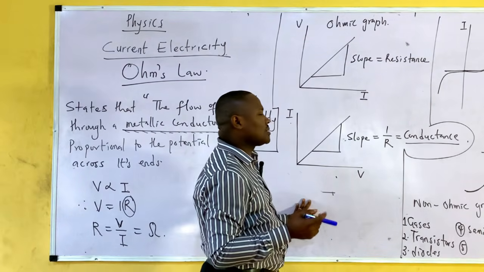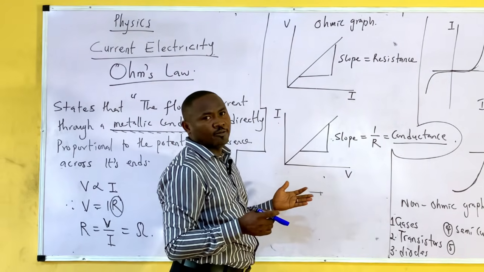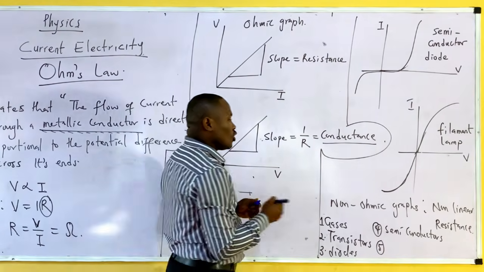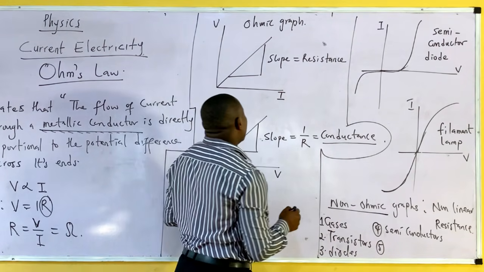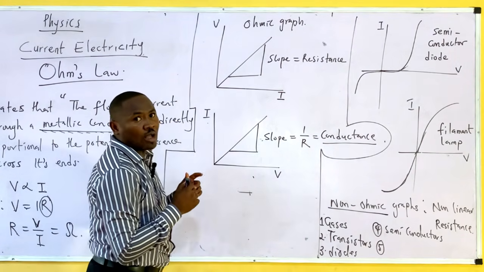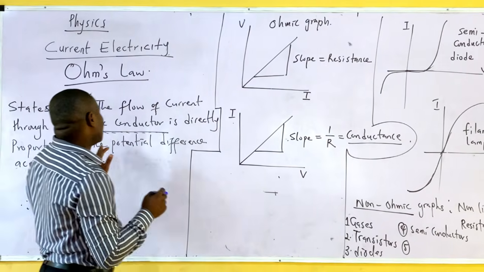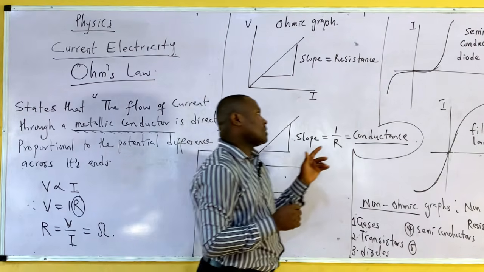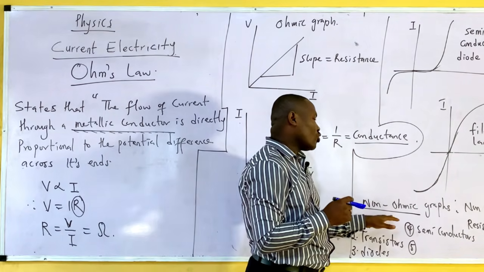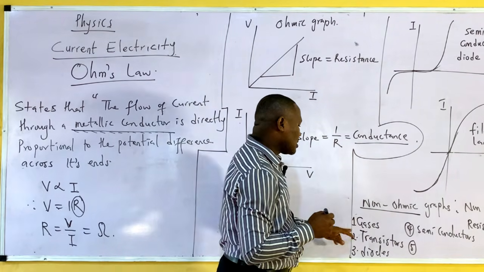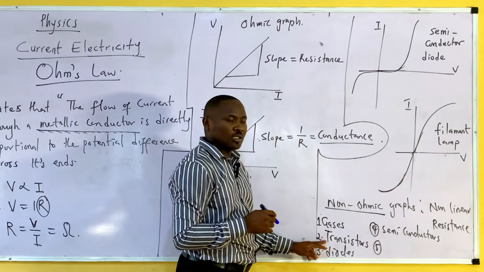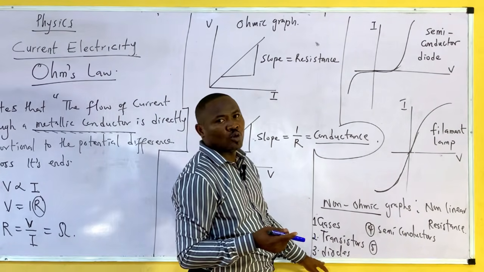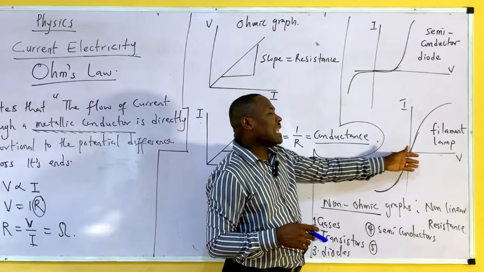Now we have substances that do not obey Ohm's law graph. We call such substances non-ohmic substances, while substances that obey Ohm's law are called ohmic substances. An example of such substances are metals. Examples of non-ohmic substances are gases, transistors, semiconductors, diodes, filament of lamps.